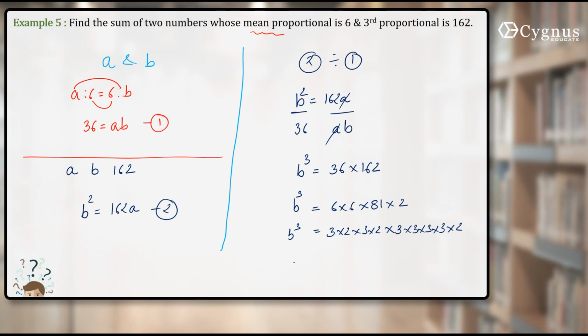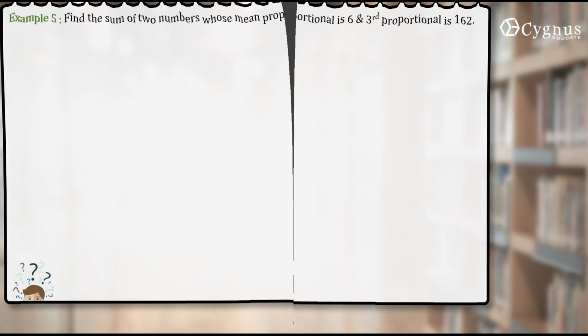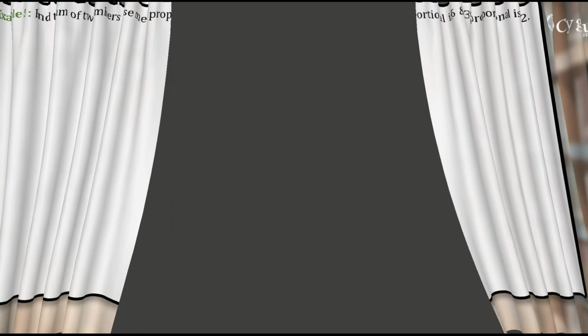So this is the cube. So the value of B becomes what? How many threes are there? 6 threes are there. So effectively we'll be left with 9 here. And 3 twos are there, we'll be left with 2. So the value of B becomes how much? 18. Fine.